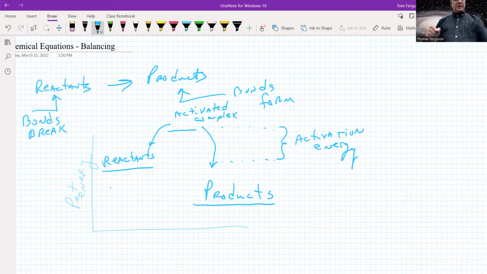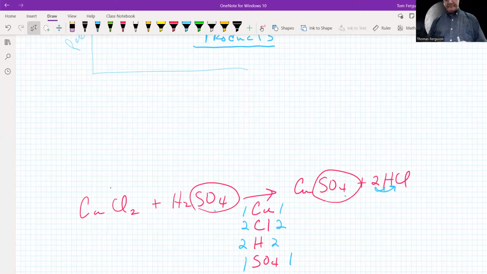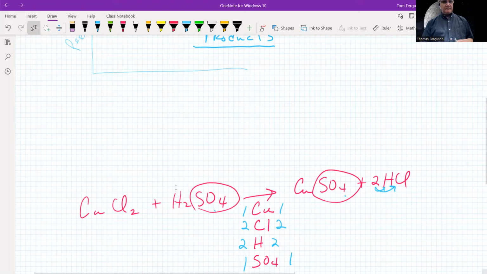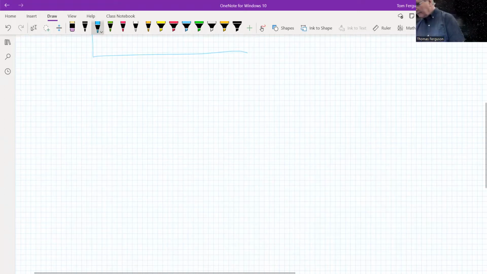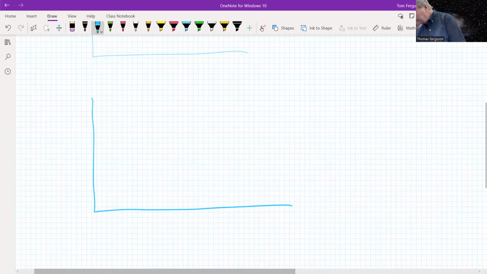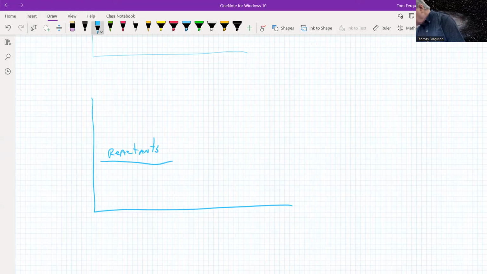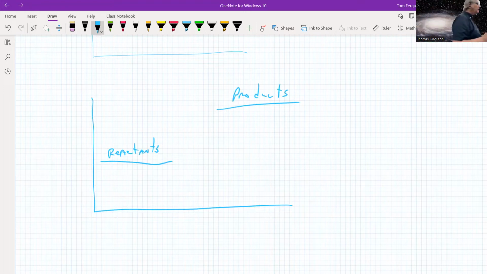Now, there's another situation where the products aren't as stable as the reactants. And these reactions do go, because there's another component in whether a reaction will go or not, besides potential energy.